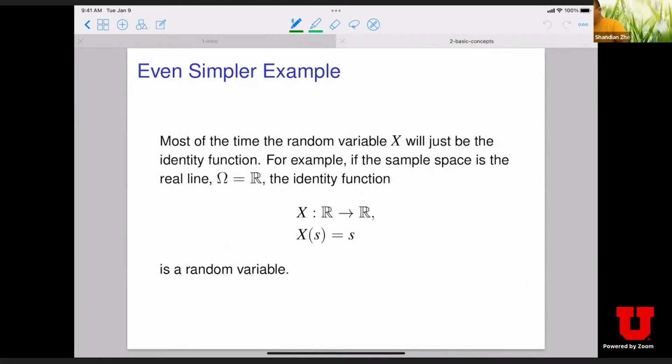This is another simple example. If your sample space is already a real space, where each sample is a number, you can define your random variable as an identity function, meaning your input s is output s. It's totally doable.